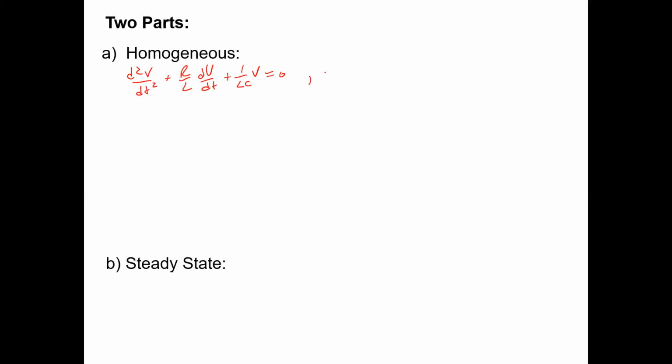So let's just say v of t equals some A e to the st, and s equals, let's go straight to the chase, minus alpha plus or minus the square root of alpha squared minus omega 0 squared, where alpha equals R over 2L, and omega 0 squared equals 1 over LC.